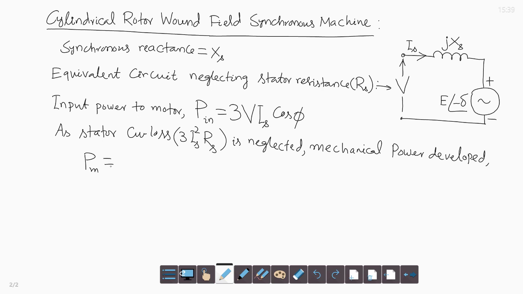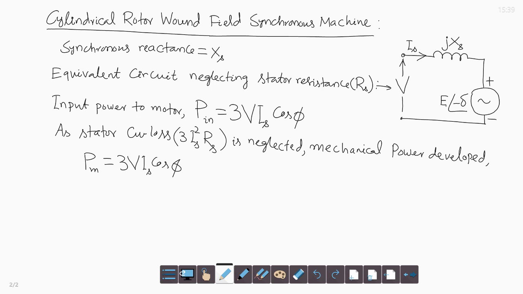Because the I square R losses are neglected, the mechanical power is the same as the input power, that is 3 V IS cos phi. From the equivalent circuit, E is the induced EMF per phase, which lags behind the voltage V by angle delta.